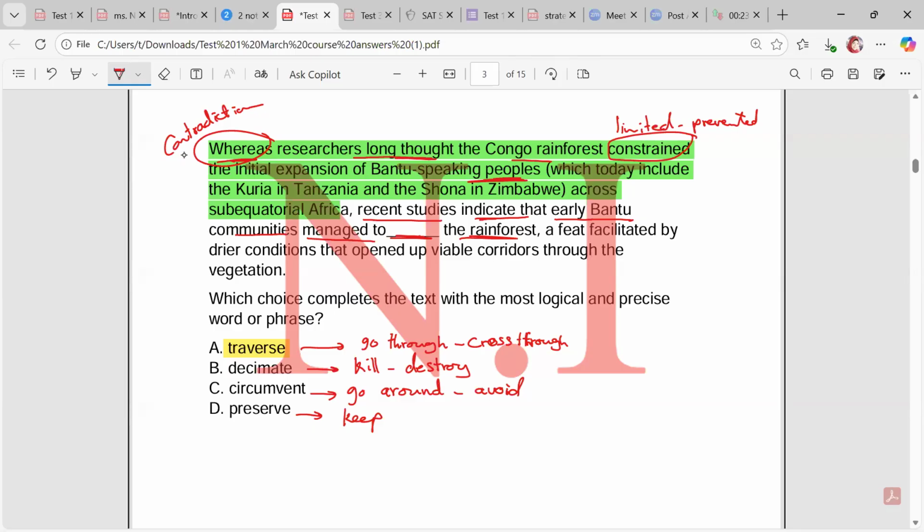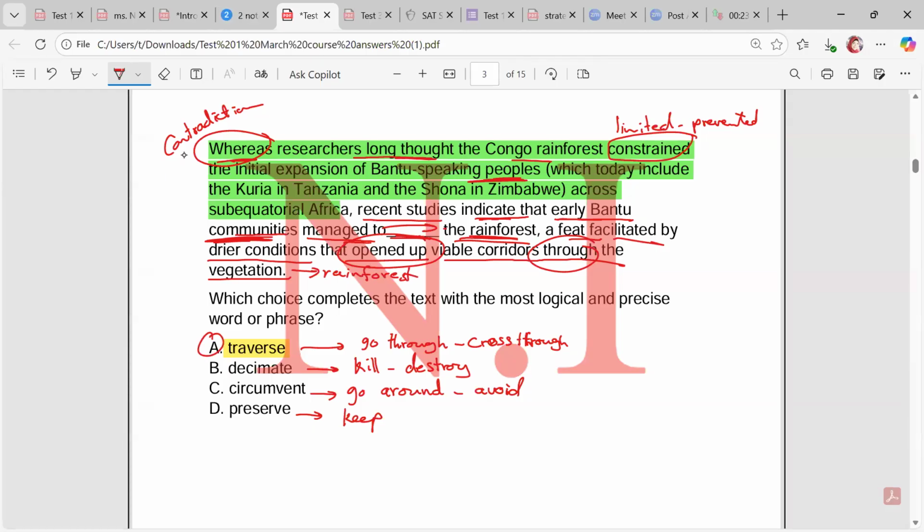Recent studies indicate that early Bantu communities managed to cross the rainforest, a feat facilitated by drier conditions that opened up viable corridors through the vegetation. Here, opened up through the vegetation, through the rainforest.